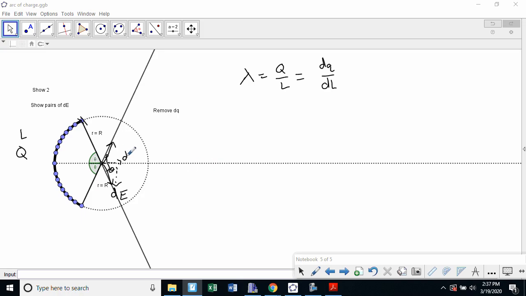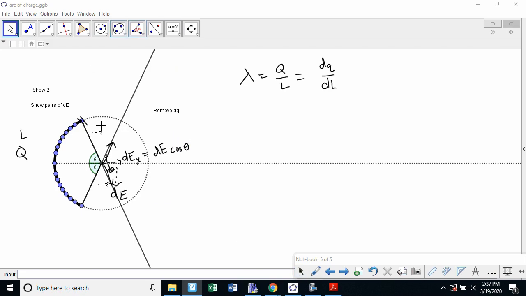So all that we're concerned with for each of these charges is really just the x component, because I can see that symmetric charges are going to cancel in the y direction. So I would say then, according to this right triangle, the dEx is dE times the cosine of theta.